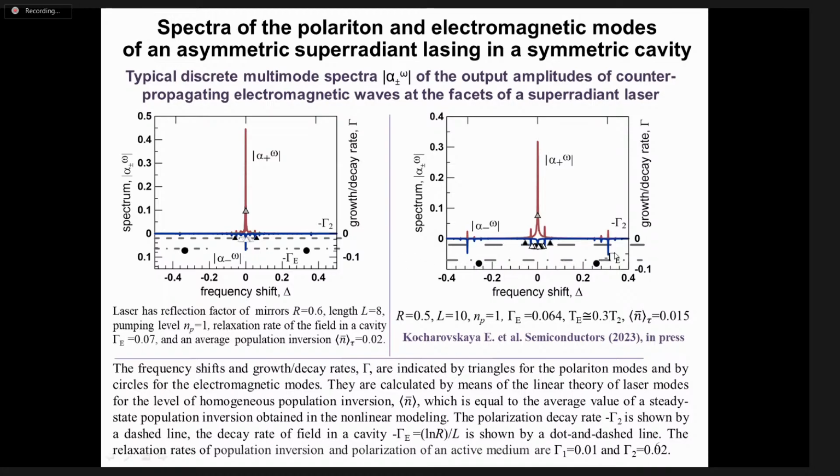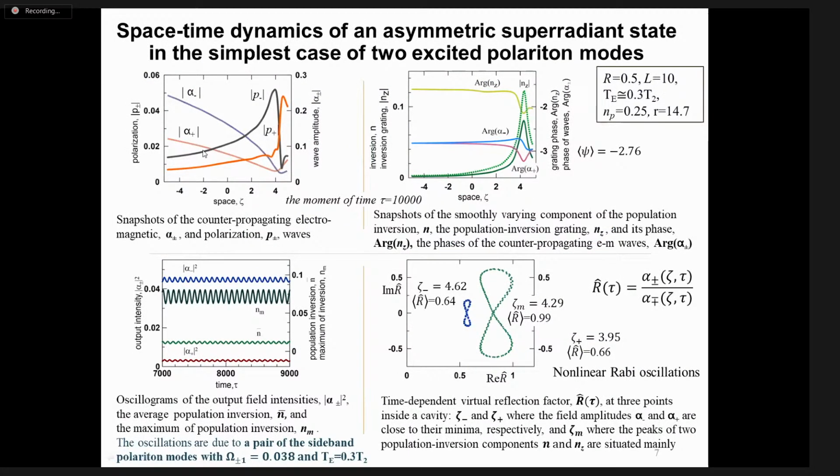Nevertheless, they induce specific phases in the counter-propagating waves. And you see, for example, in this picture, when the peaks are situated close to the right end of the cavity, the snapshot of the counter-propagating waves looks like this.